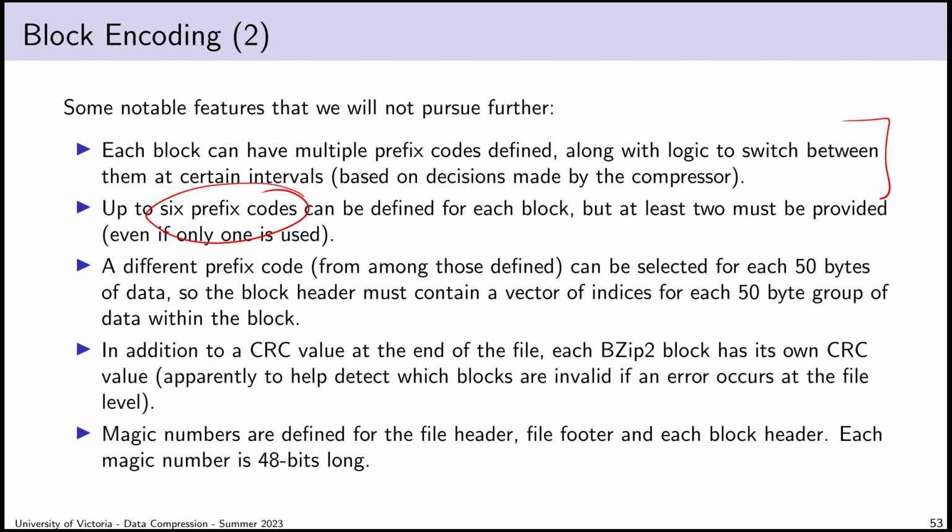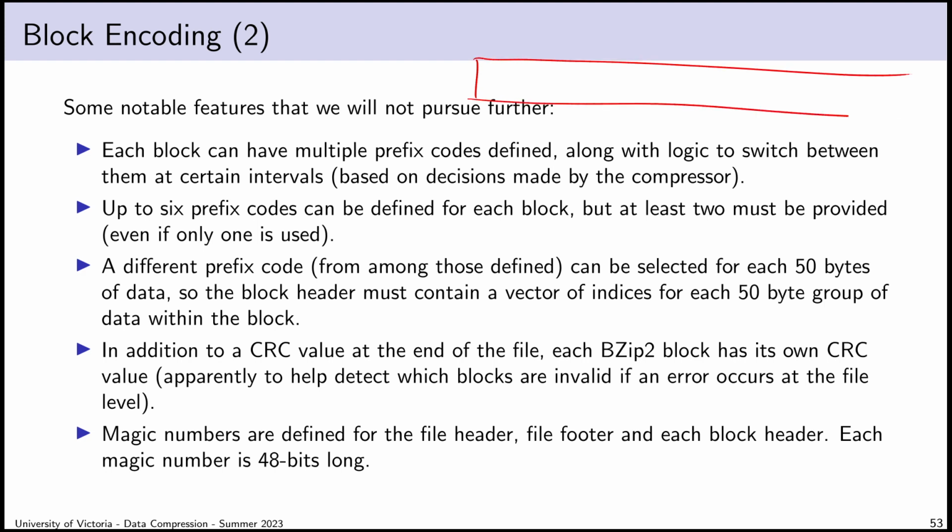My understanding of why this is a good idea is, remember that in BZip, unlike in Deflate, the compressor has no authority to decide how big the block is. The block size has been selected in advance. So if you have an input file which exhibits some kind of internal structure where the file has patterns that repeat at a macroscopic level, so for example, the first 53 kilobytes of the file has a particular internal structure, the next 10K has a different structure, and the following 30K has a third structure, and then we're back to that first structure again.